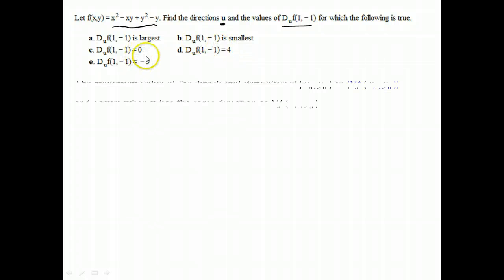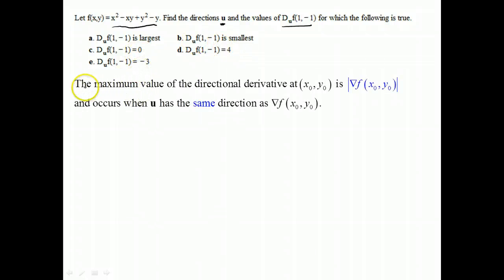We learned back in section 14.5 that the maximum value of the directional derivative at a given point is the magnitude of the gradient. And it occurs when the direction u has the same direction as the gradient. So what's the gradient?